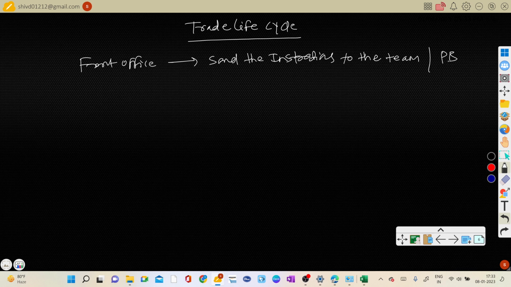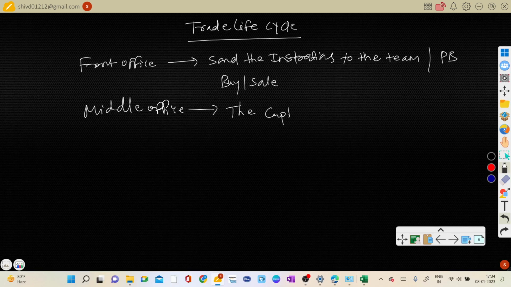So they send the buy and sell instructions. Then the middle office team captures the trades. This flow is important, write it down everything. Capture means fetch the data and check who is the buyer and seller of your securities.